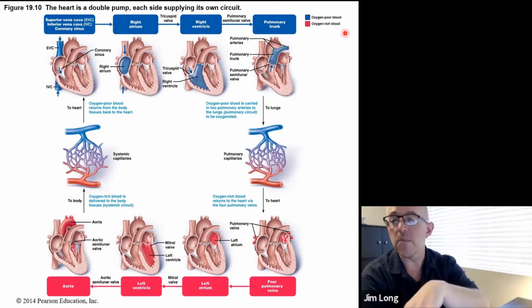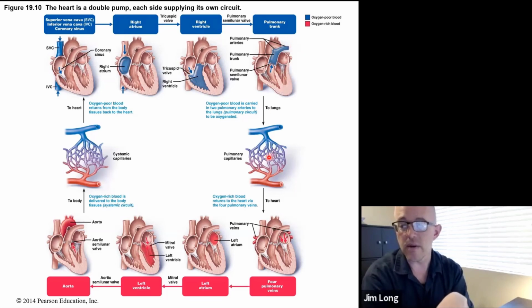And while it's in the pulmonary circuit, the heart may beat a few more times. And then the blood is going to become oxygenated in the lungs. We're going to go from deoxygenated blood that's delivered to the lungs through the pulmonary arteries to oxygenated blood that returns from the lungs through the pulmonary veins.